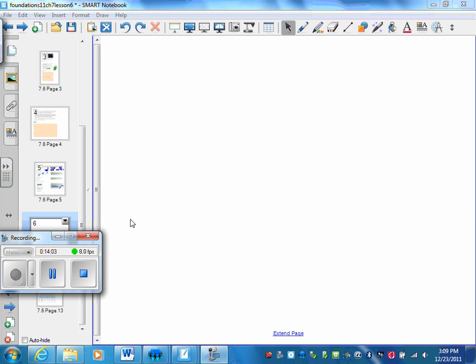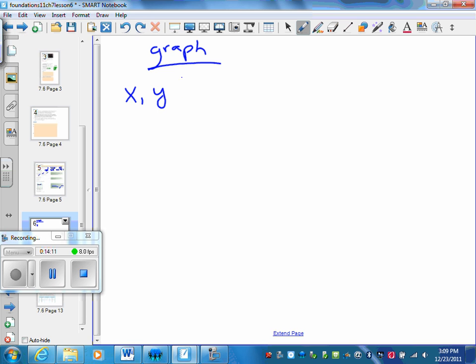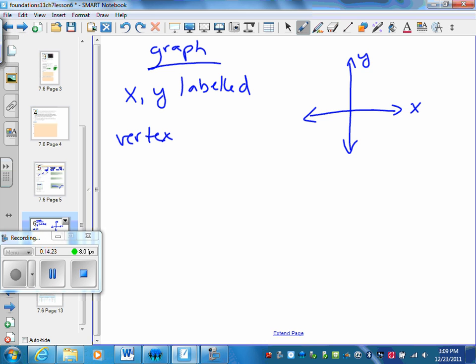Okay, I just want to say a couple of things about what I like to see when you graph. I like to see that you have your x and y labeled. I like when you actually draw it out and say, this is x and that's y. I like your vertex labeled, so you should have some point and write it as, say, 0 and 2.